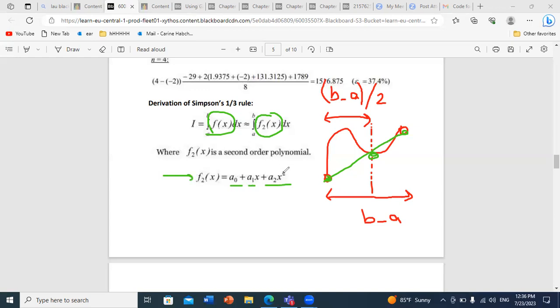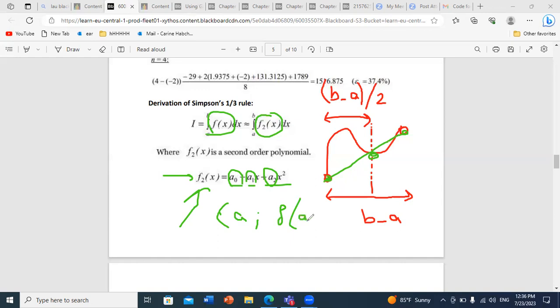Then how can we determine what a0, a1, a2 are? We should go back to the basics of the method. This function f2 of x should pass by these 3 points. So we have 3 points that should satisfy this equation. The first point, what are its coordinates? A and f of a.